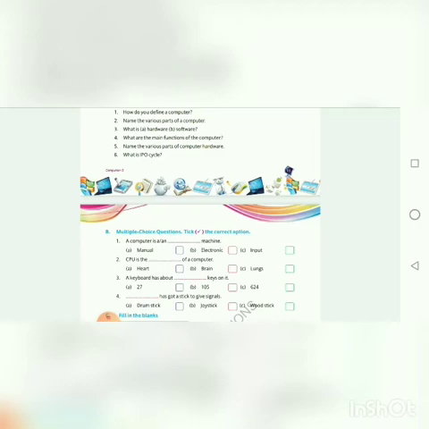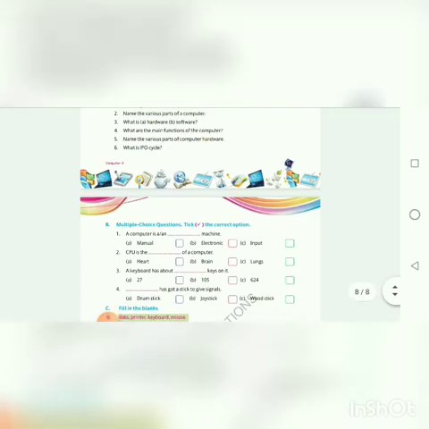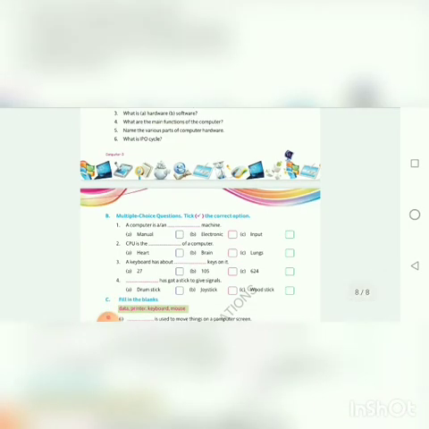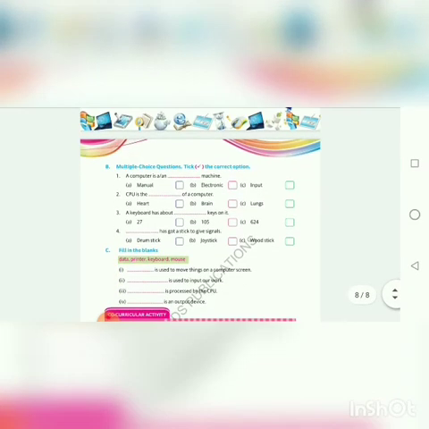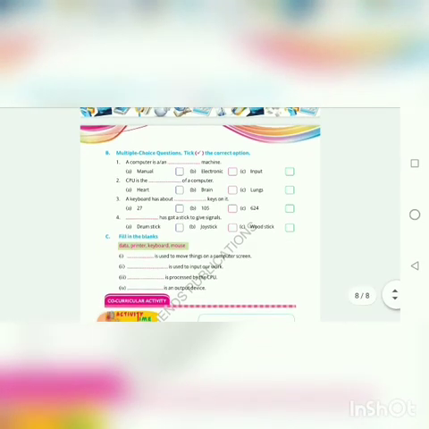Question number 6. What is IPO? A computer works in 3 steps: first, input; second, process; third, output. This is called the IPO cycle.